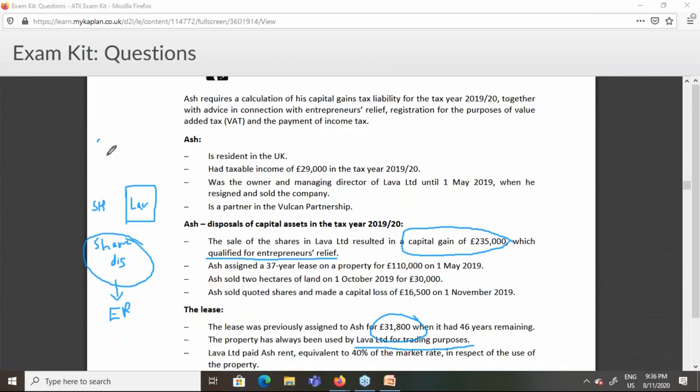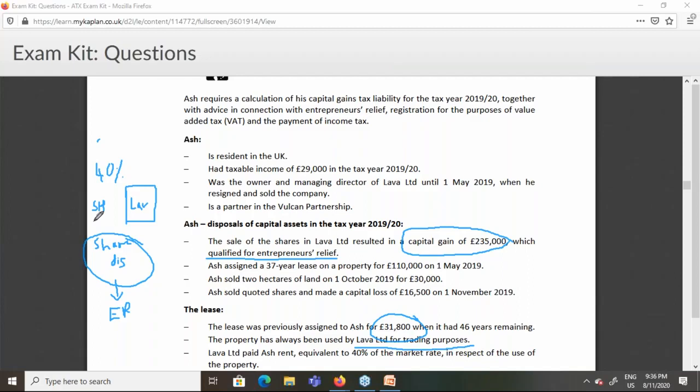So this leased building is actually used by Lava Limited for the purpose of trading, and for that, Lava Limited has paid a rent to Ash, who is the shareholder of the company, equivalent to 40% of the market value. So if the market value is 100, Lava Limited has paid a rent of 40 pounds to Ash. So from the market value, rent paid is 40%.